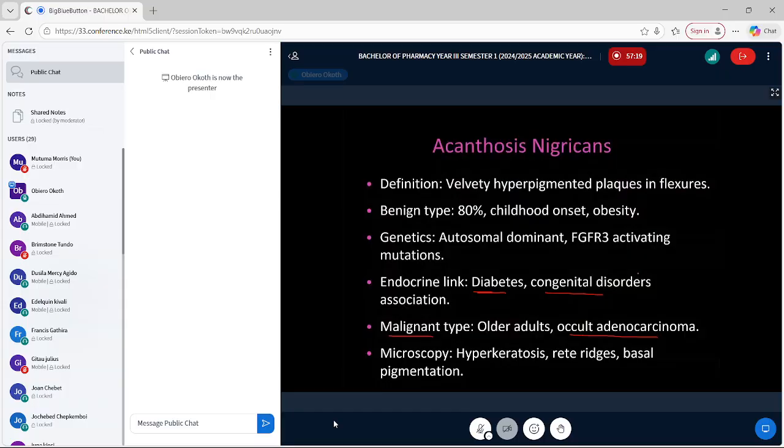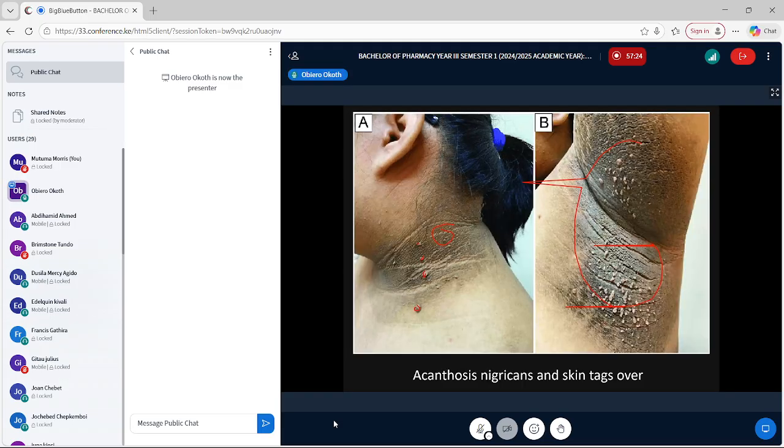The freckles look like there's just some darkening, and that's why we are calling it nigricans, demarcated typically around the axilla and also around the neck. Okay. This is a patient who had polycystic ovarian syndrome.